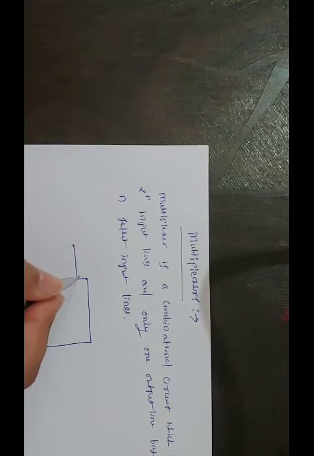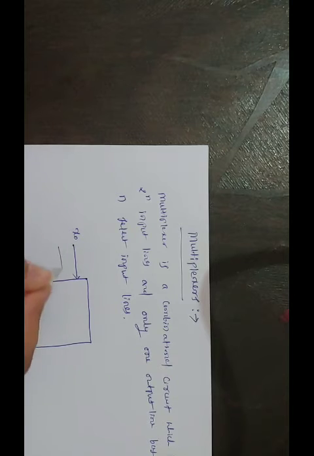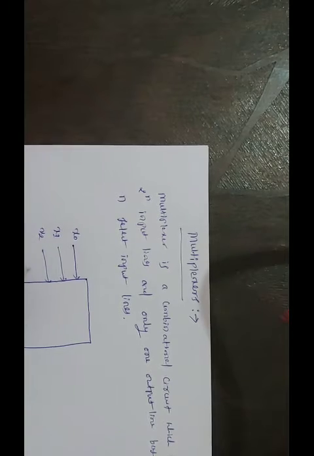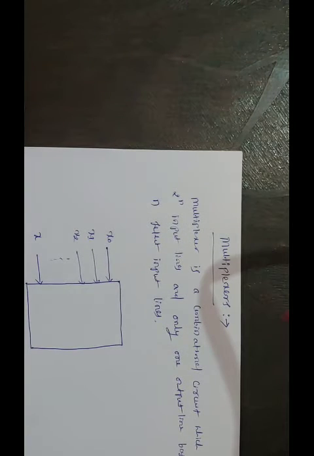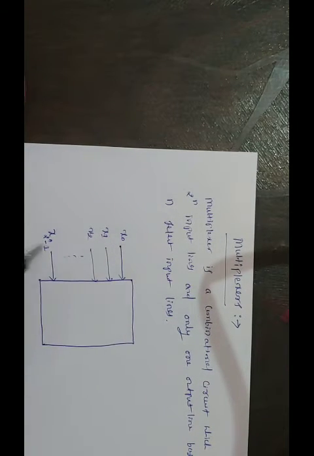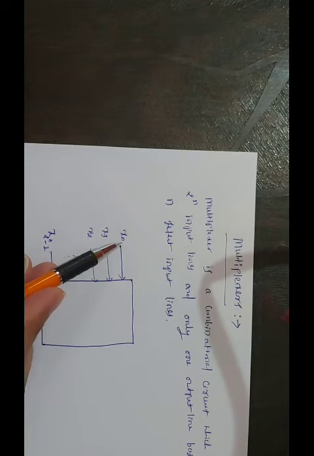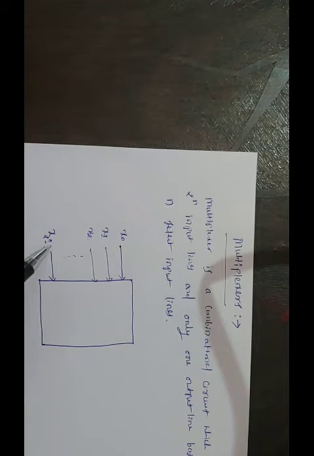Let us call these inputs x0, x1, x2, and so on, up to x of 2 to the power n minus 1. Because 2 to the power n input lines are there, and I have started with x0, if you start with 0, then the last line is 2 to the power n minus 1.